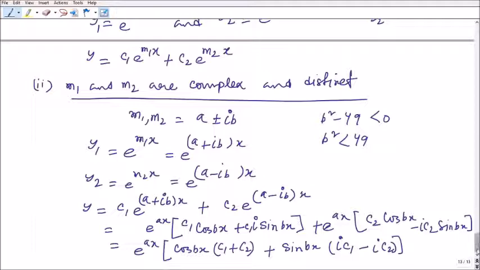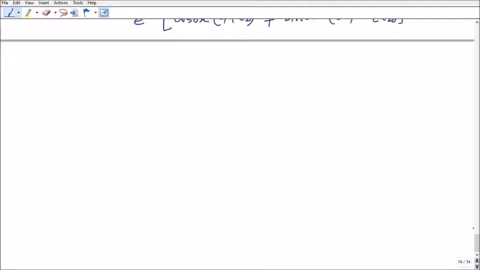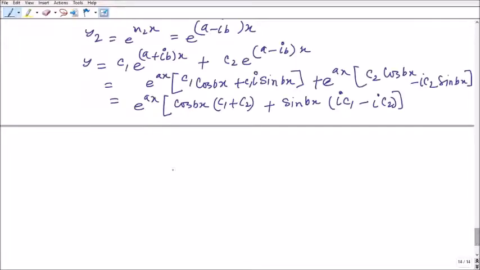So we can write y equal to e to the power ax, c1 dash cos of bx plus c2 dash sine of bx.